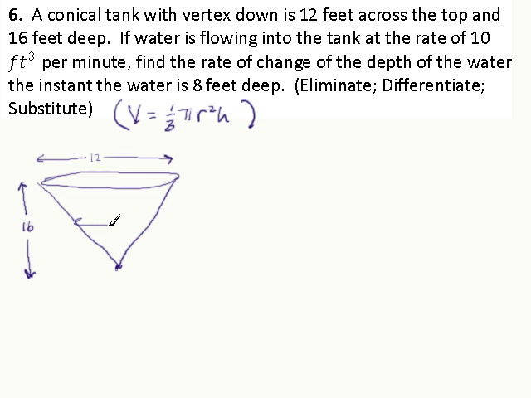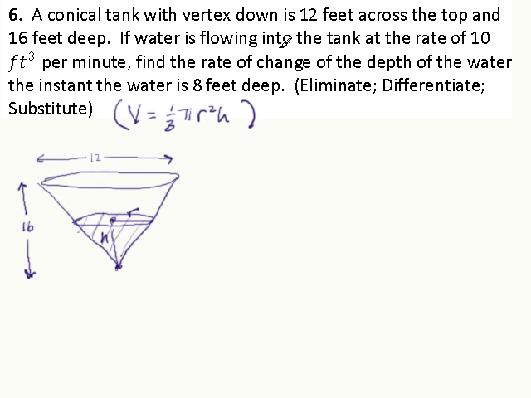So let's picture the water in the tank. Now it's the volume of the water that's changing. The tank, of course, is the same size, so the variables r and h apply to the volume of the water. There's our r, and there's our h.